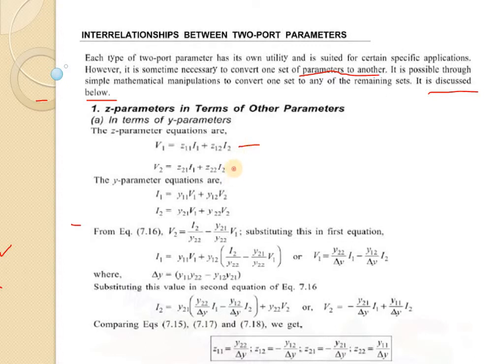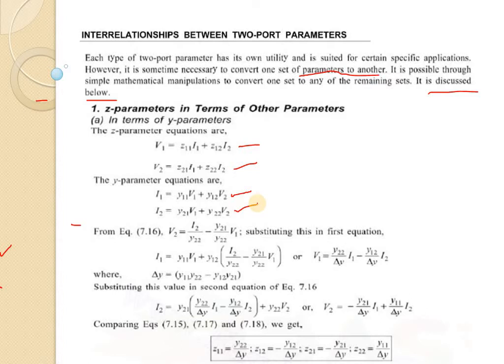And V2 equals Z21 I1 plus Z22 I2. This is the second equation of Z parameter. Now we will write the equations for Y parameters: I1 equals Y11 V1 plus Y12 V2, and I2 equals Y21 V1 plus Y22 V2.